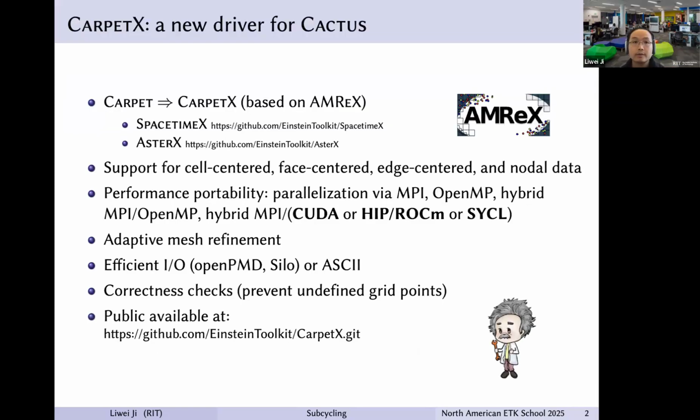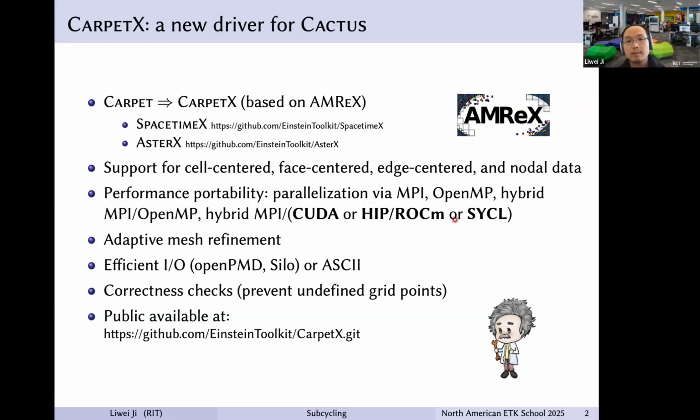Before we go to subcycling, I would talk a little bit more about CarpetX. It's a new driver for Cactus, and it's based on AMReX, and it has the following new features. First, it supports the staggered grid functions natively, and it has very good performance portability.